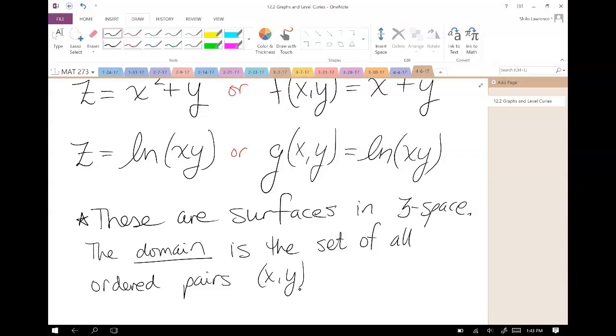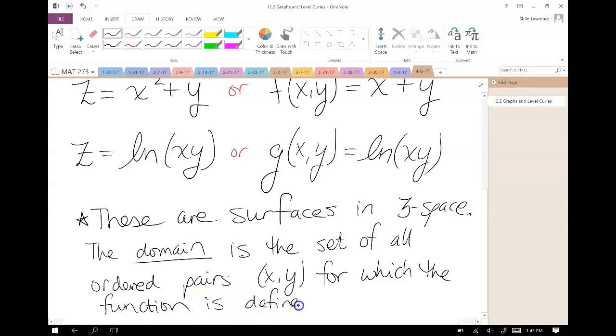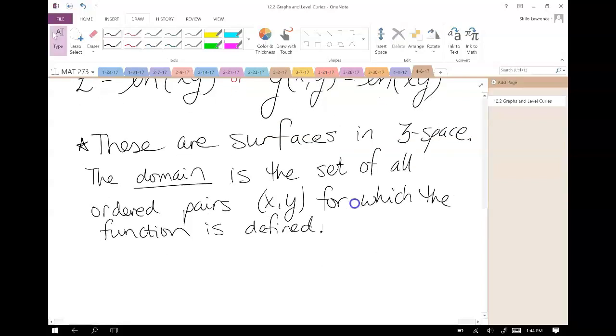So the domain's not a single set of numbers, it's actually two sets of numbers that go together. So we represent them as ordered pairs. So the domain is the set of all ordered pairs (x, y) for which the function is defined. We only want to plug in numbers for the x and y that give us back a z value, or a functional value.